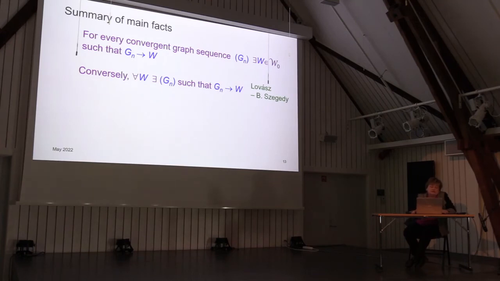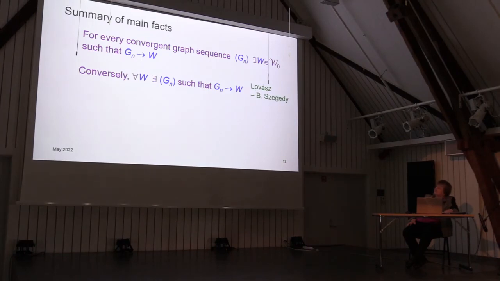So summarizing the facts we have here, I am almost done: for every convergent graph sequence, there is a graphon in this W set such that the convergent graph sequence goes to this graphon.